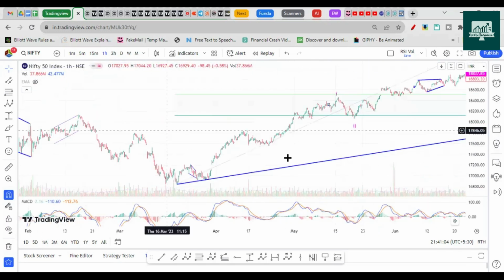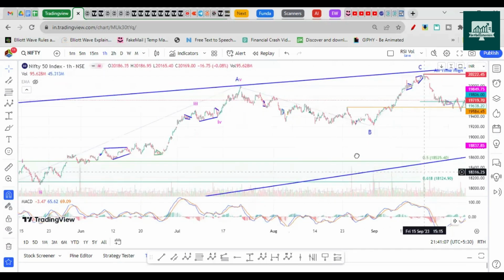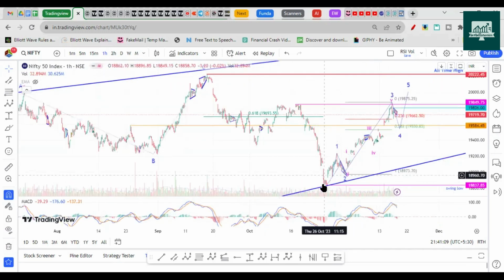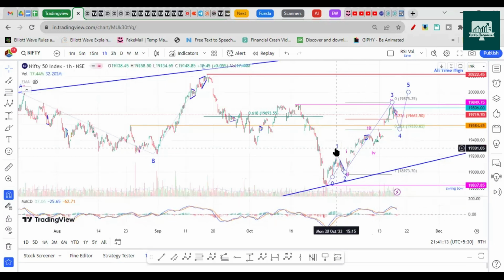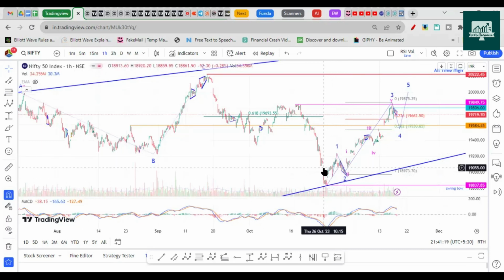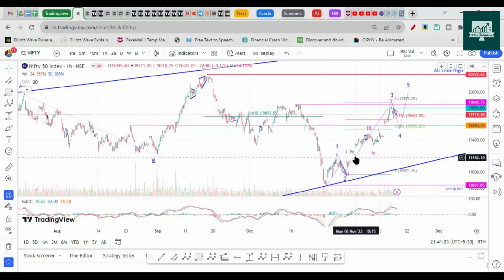So considering the same logic, this could be wave one completely here, right? There is no bend, there is no proper way to measure this. You can label them 1, 2 and 1, 2 as well. That's a little bit of the subjective nature of Elliott wave; each Elliott wave analyst has different wave counts.